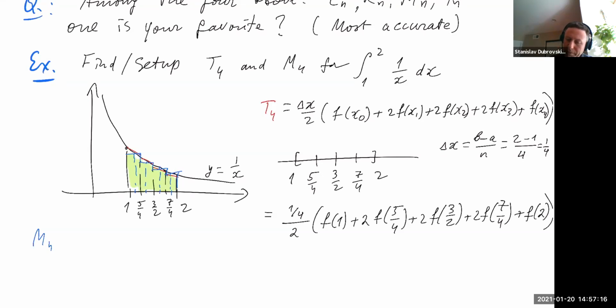So if we continue here, then we will have outside 1/8, and inside now let's find the values of all this.